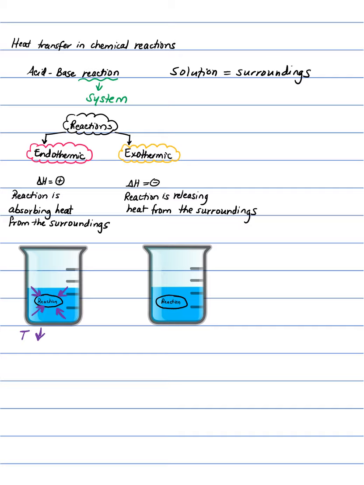Now for an exothermic reaction, when you have a delta H with a negative sign, the reaction is the one that is releasing heat. Remember, exothermic is releasing, endothermic is absorbing. So your reaction is releasing heat, and that heat is going into the solution. So if you're measuring the temperature of your solution, you have an initial temperature.